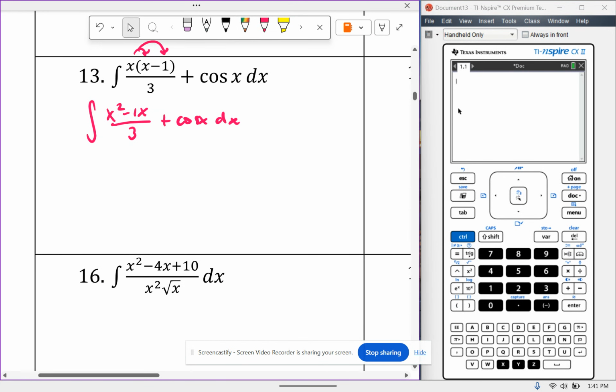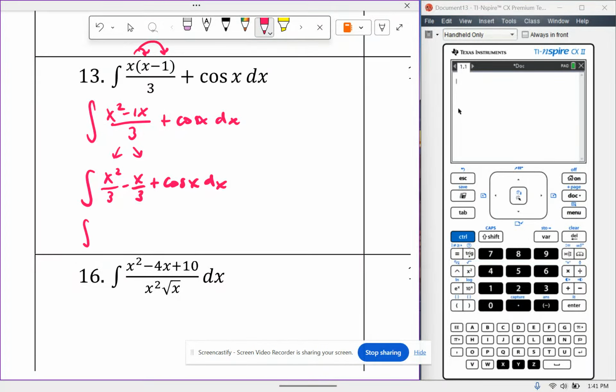If I have x squared minus x and it's all over 3, can't I decompose that in a way where it's like this? Is that totally fine? Now I'm piece by piece. Now I split that 1/3 out front: 1/3 x squared minus 1/3 x plus cosine x dx. Now it's just easy, piece by piece. All right.